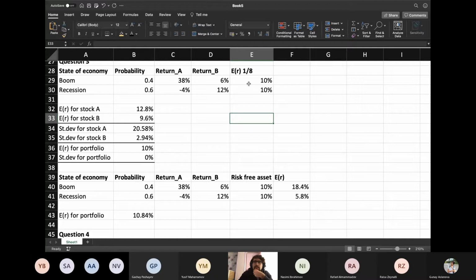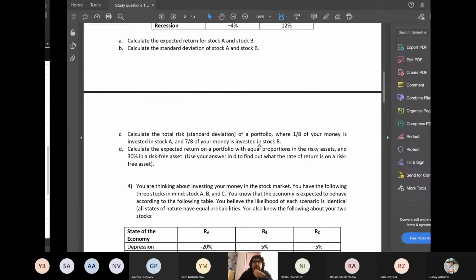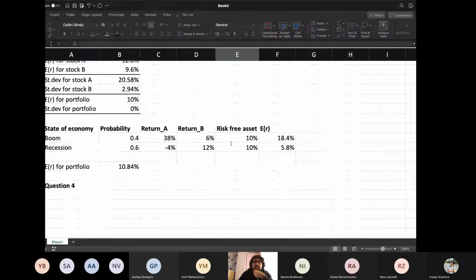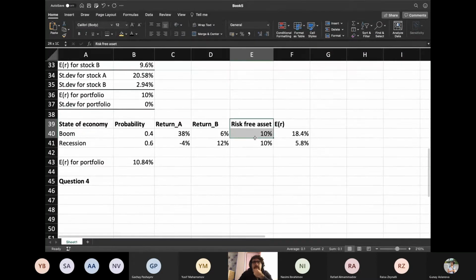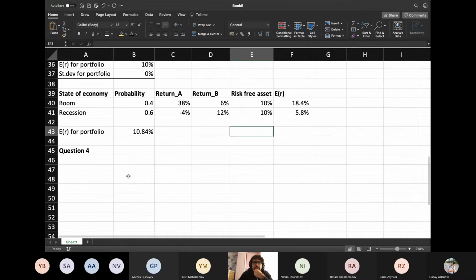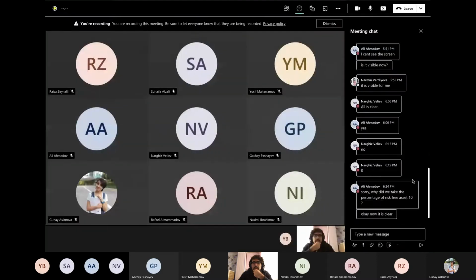Also, its returns in each state of the economy are 10%, 10%. So our risk-free asset is that portfolio we used in part C. Therefore, I copied down its returns here. If you don't have any questions, let me continue.